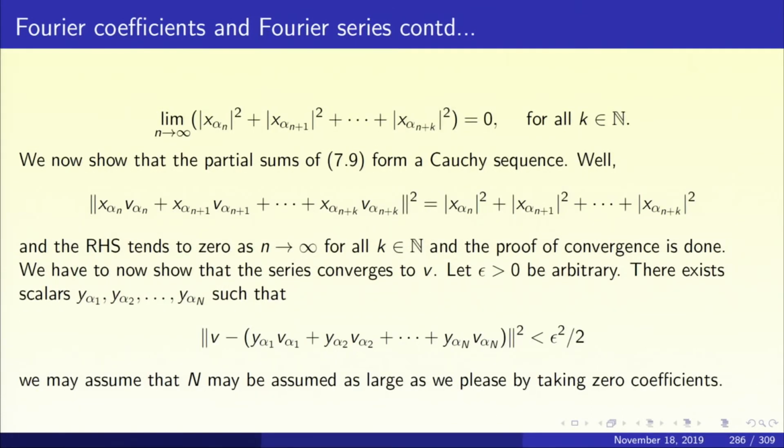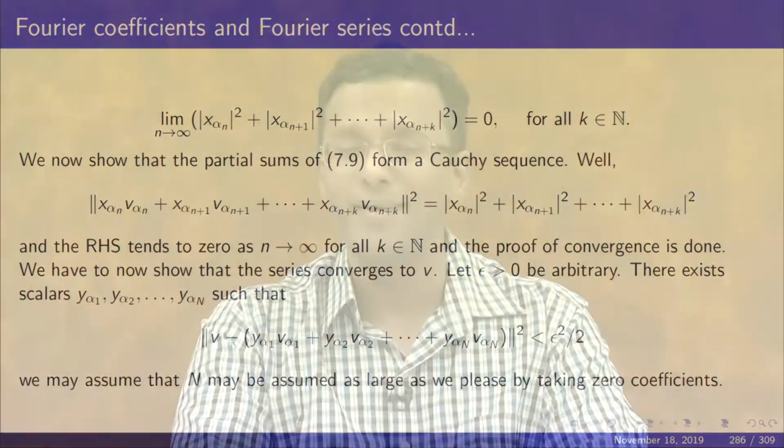Now, we need to use this fact that B is a basis. So, it means that given any epsilon greater than 0, there are finitely many scalars y alpha 1, y alpha 2, ..., y alpha N such that the linear combination y alpha 1 v alpha 1 plus y alpha 2 v alpha 2 plus etc. plus y alpha N v alpha N approximates v to within less than epsilon in norm. That means norm squared of v minus y alpha 1 v alpha 1 plus y alpha 2 v alpha 2 plus etc. plus y alpha N v alpha N is less than epsilon squared by 2.